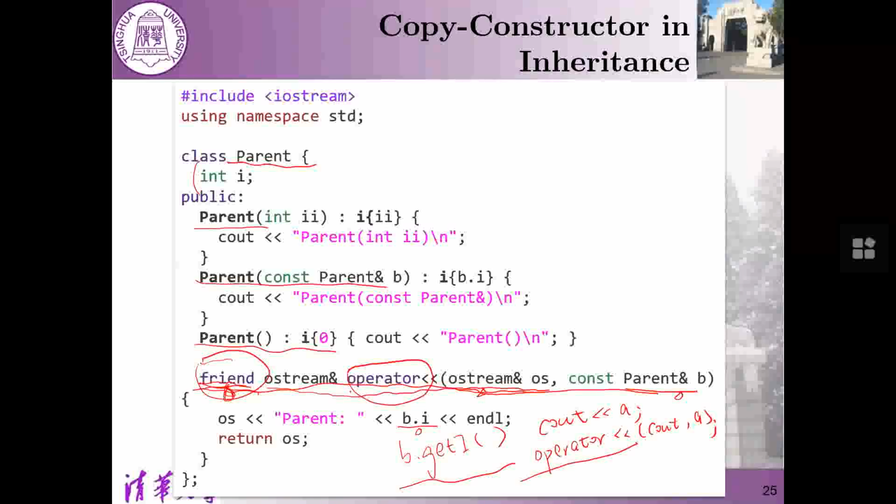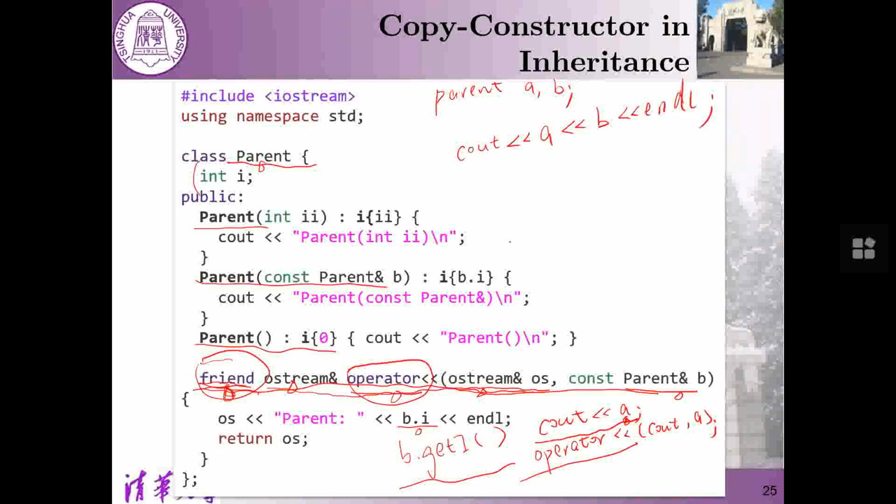By defining this operator here, we can enable this if A is an object of parent. So in this case, we can enable dumping the members by this operator. We can use cout, for example, to dump the object content. By returning a reference to this ostream again, that means we can do cout, for example, parent A and B. We can do cout A, B.